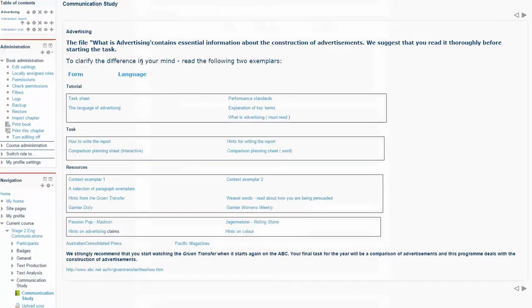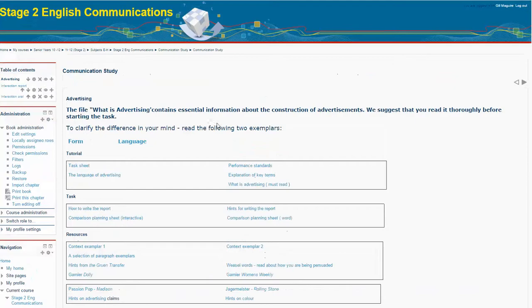So one more thing that you'll need to know, you need to have a different look at form and language, and we will talk about that in the lesson, and I'll also talk about that in another video. So what do you need to do? You need to find 2 magazine advertisements from magazines with different target audiences.